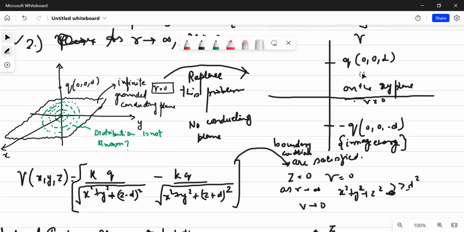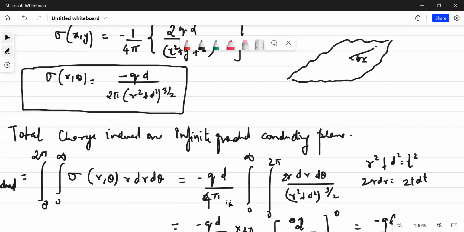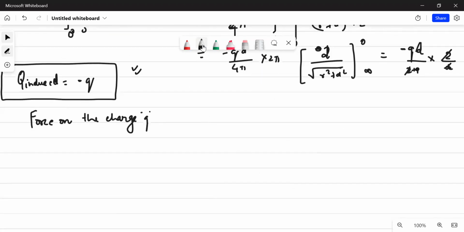If the charge is at distance 0, 0, z, then instead of the infinite conducting plane, you can put an image charge at 0, 0, minus z. So in vector terms, the force would be along minus k cap, and this force would be kq square upon z square, minus k cap. Is that clear?